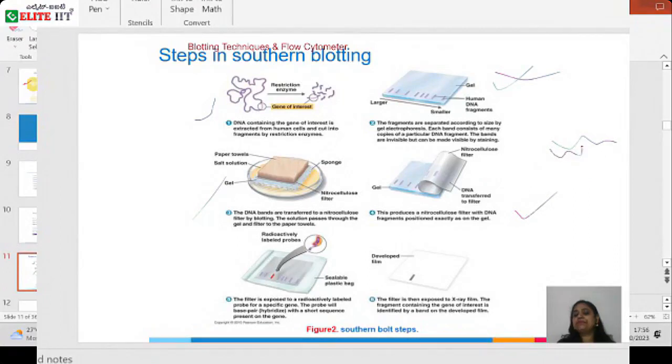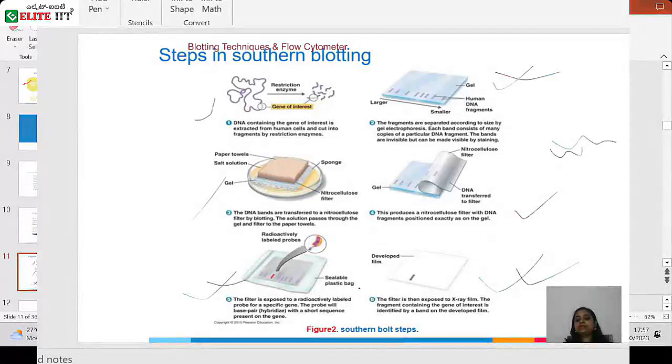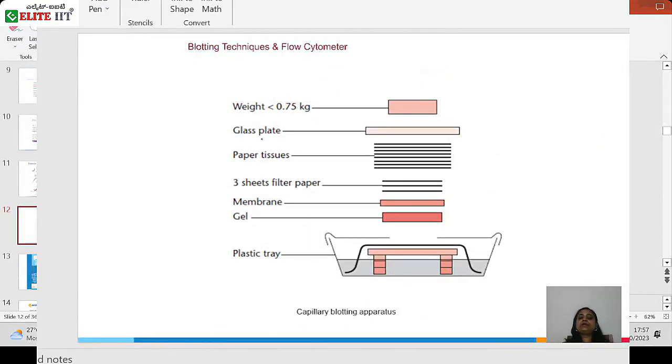Now add the probe. So the fifth step is addition of probe, that means short chain single stranded DNA attached with a radio labeled compound. Now you visualize it through X-ray film, or you can do the autoradiography technique. This is what we have done during the southern blotting process. In this case, how are bands transferred from gel to nitrocellulose paper? This is the arrangement.